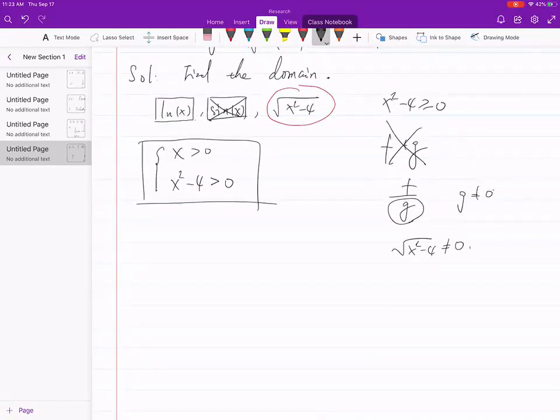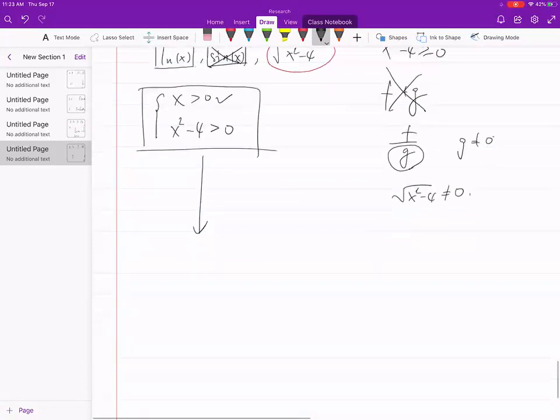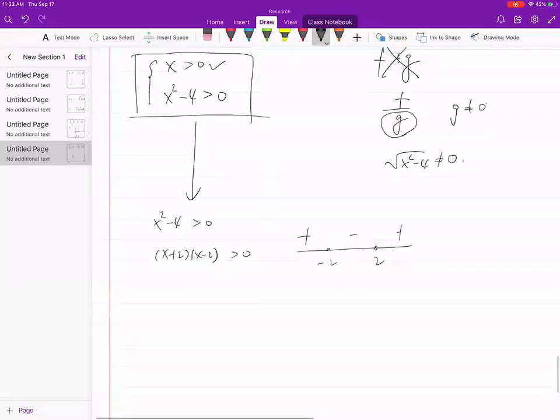Everything makes sense so far? The rest is try to combine the answer and simplify. This is already simple. X squared minus 4 bigger than 0. Use whatever you learned from college algebra to solve it. You want where it is positive, so this gives you x less than -2, and x bigger than 2.